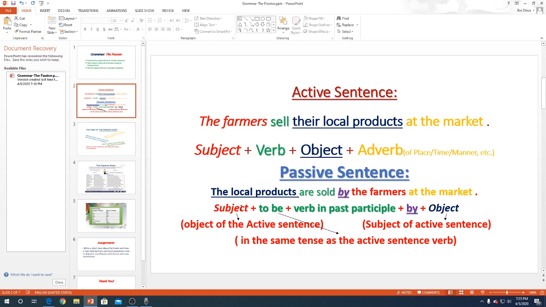If we notice carefully, we see that the subject of the passive sentence is actually the object of the active sentence, while the verb are sold is the verb to be, but in the same tense as the active sentence verb. So, sell, present simple, are the verb to be in present simple.